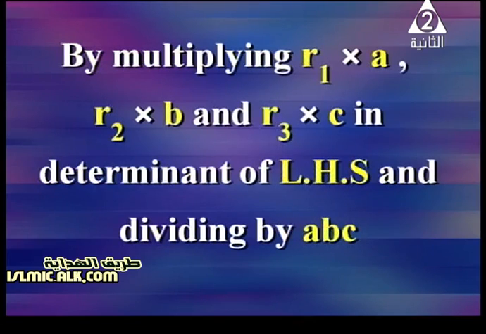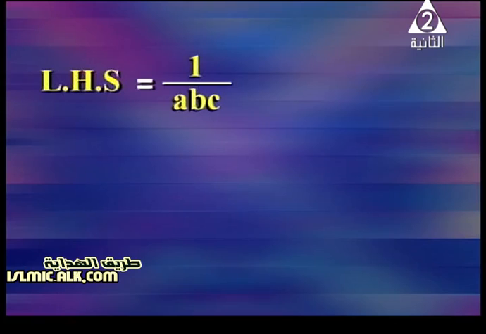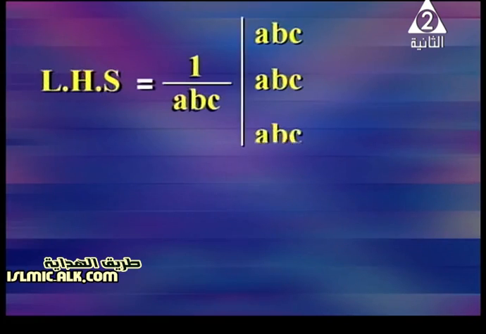When we multiply by a, b, c and divide by a, b, c, the determinant does not change. We divide by abc, which means we multiply by 1 over abc, and the determinant multiplies the first row by a.